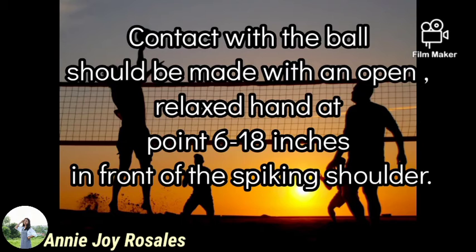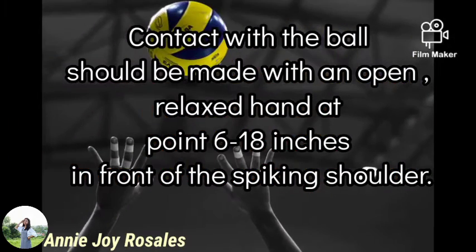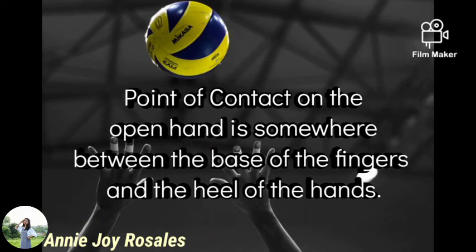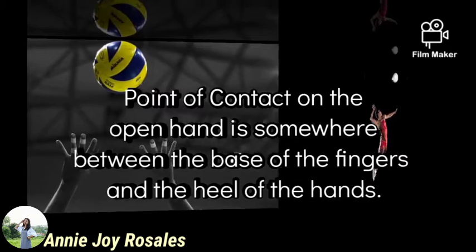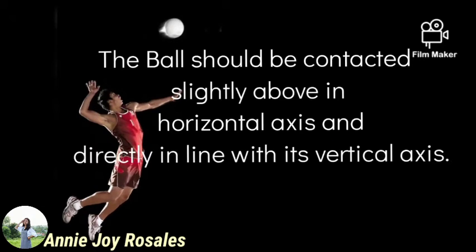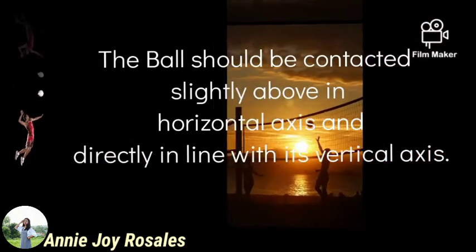Contact with the ball should be made with an open, relaxed hand at a point 6 to 18 inches in front of the spiking shoulder. The point of contact on the open hand is somewhere between the base of the fingers and the heel of the hand. The ball should be contacted slightly above its horizontal axis and directly in line with its vertical axis.